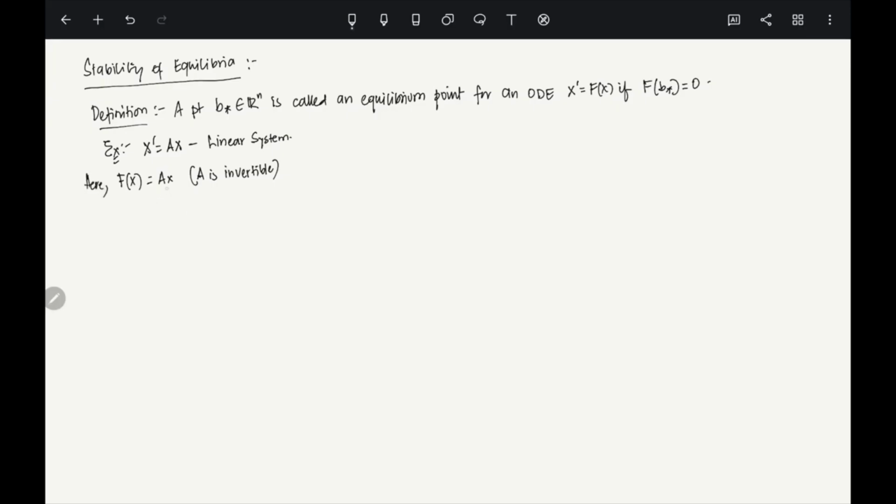If this is the case, then to find the equilibrium points, we have to ask when Ax equals 0. Since A is invertible, that implies x has to equal 0.